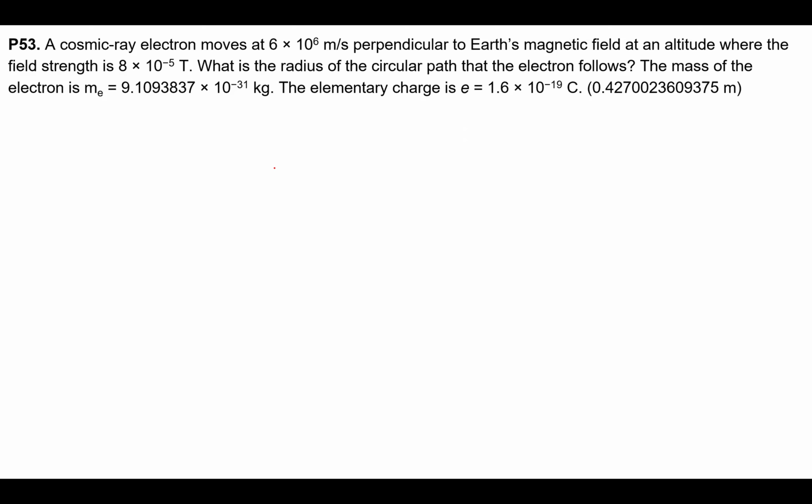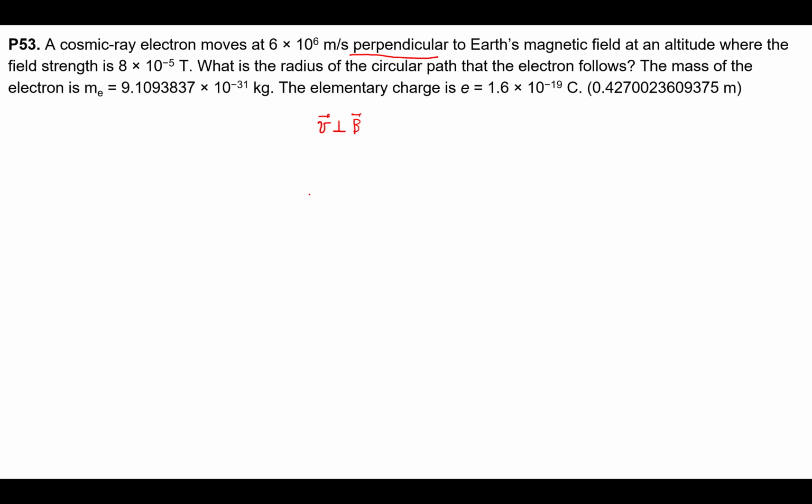So once again, we are looking at the force exerted by the magnetic field, but in this case what is important is that V is perpendicular to B. And in this case, we know that it will make a circular path.